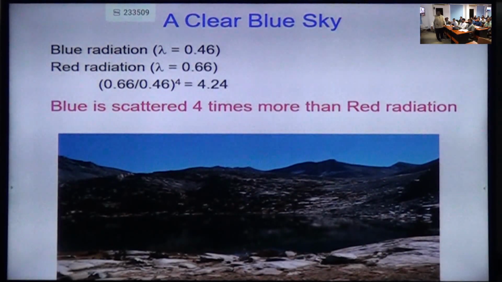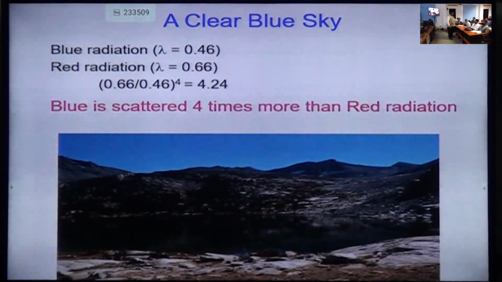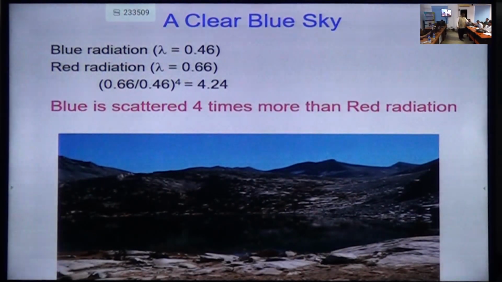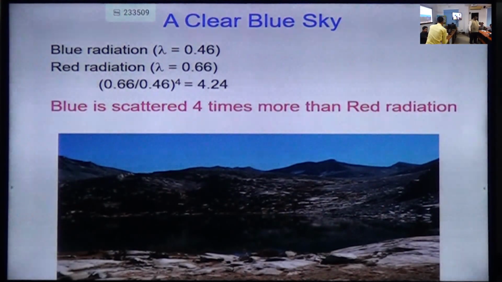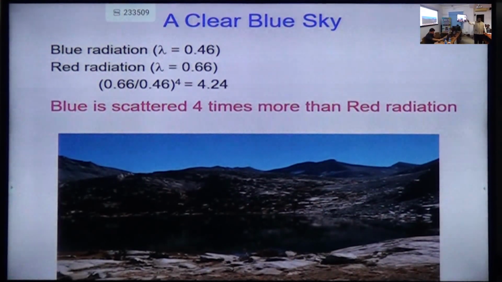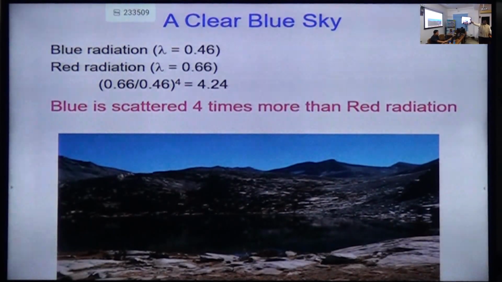Yes, next. So here, suppose blue radiation is there, the wavelength is 0.4. What is the range of blue? 0.4 to 0.5. Then green is 0.5 to 0.6, and then red 0.6 to 0.7. So suppose you take blue as 0.46 and red as 0.66.